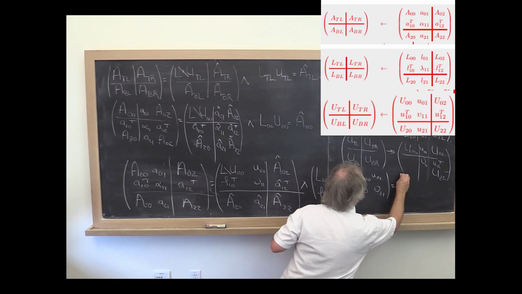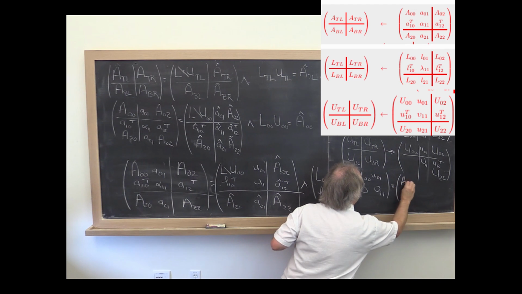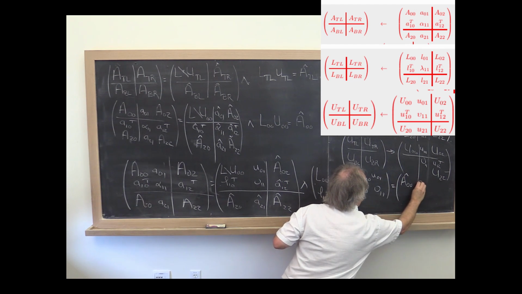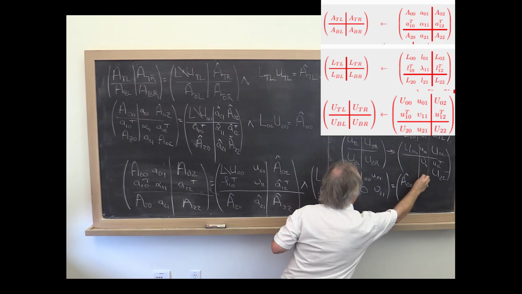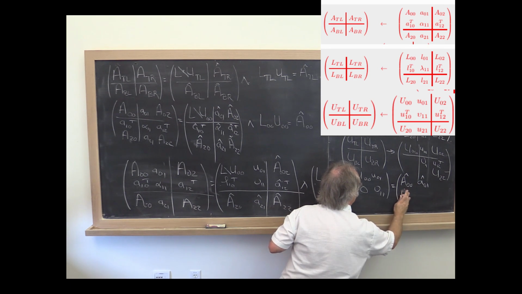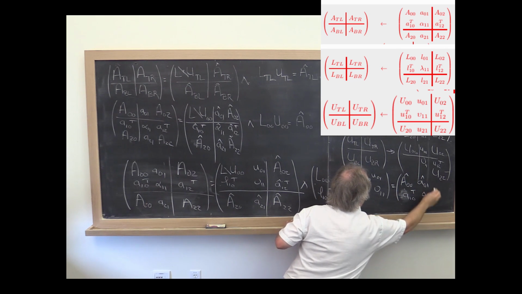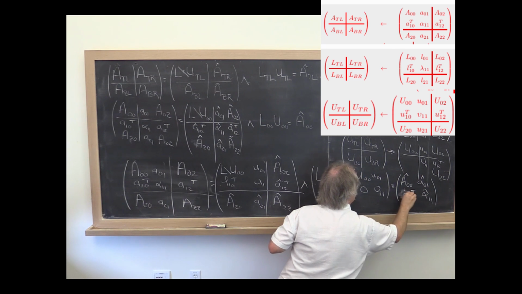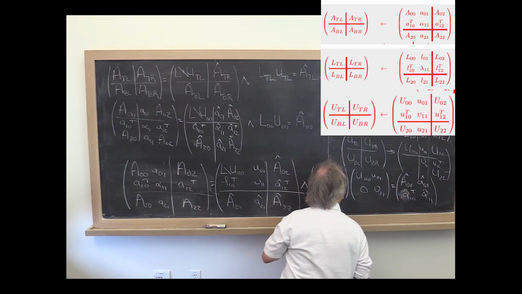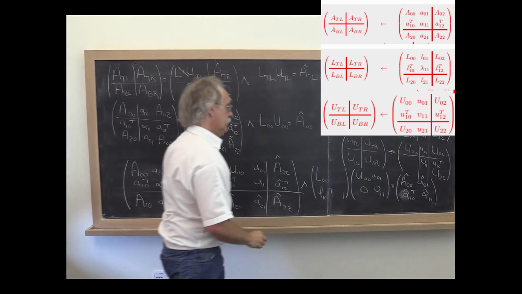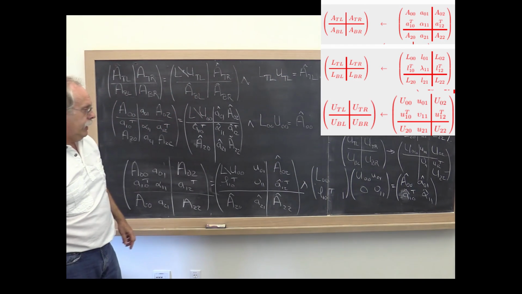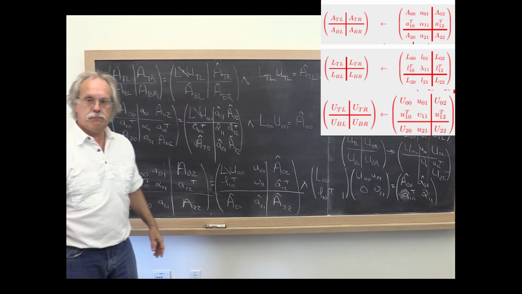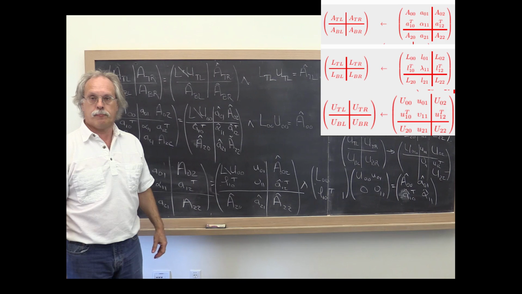And that must be equal to A00 hat, A01 hat, A10 transpose, alpha 11 with hats. Okay, well hopefully it fit on your piece of paper better than it fit for me.